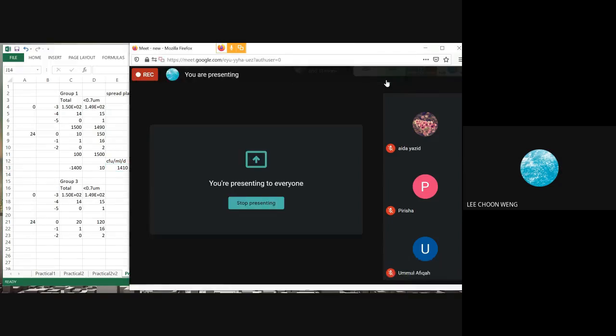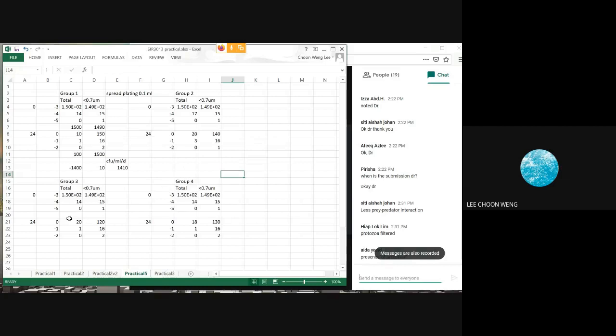So for this, I also want you to write a report on this. Tabulate the data out. Then calculate the grazing rate for each group.